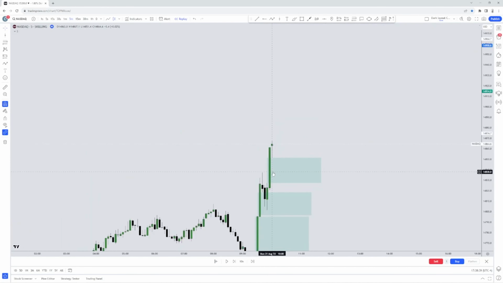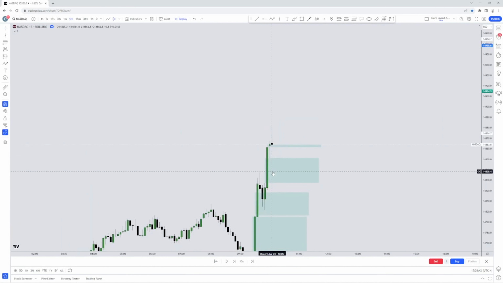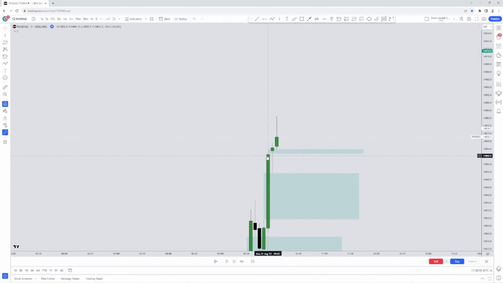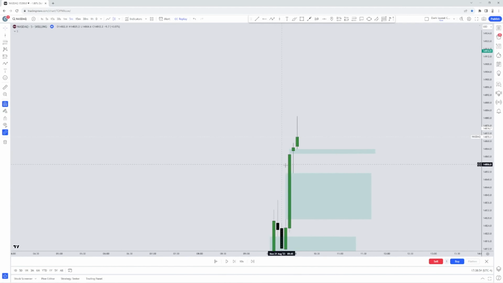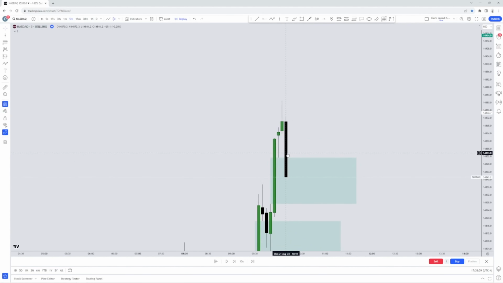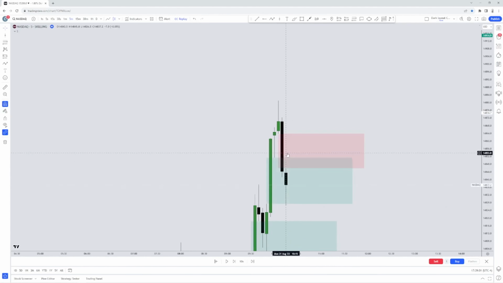10 o'clock is here. So after 10 o'clock and between 10 and 11, we said this is the first one after 10 o'clock. This counts. But what is that? Does it also use volume imbalances? This is a volume imbalance. Theoretically, it doesn't qualify for an FVG, so I don't think we're going to be taking it. We're going to be taking only the FVGs.